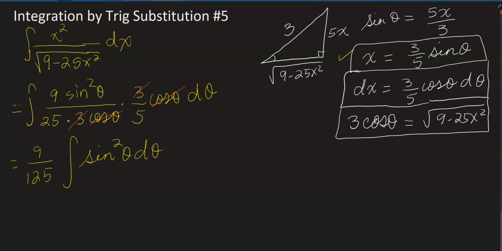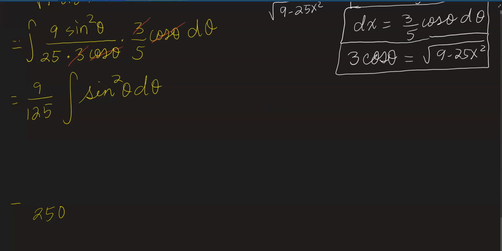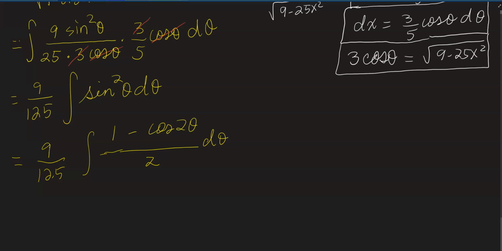Now, learning from before, we know that we are going to need a trig identity for this one, right? So that would be 9 over 125 integral of, we're going to reduce the power, so we are going to use 1 minus cosine of 2 theta over 2 d theta. Okay, now take the integral.